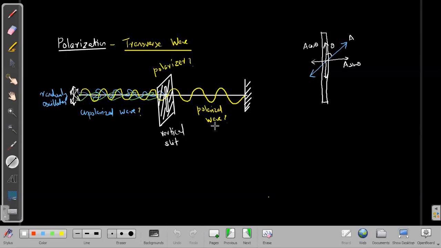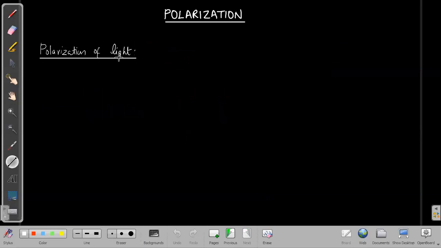So we have discussed this for a mechanical wave, that is, the wave which is produced in a string. Today I'm going to discuss the polarization of light. In order to discuss the polarization of light, first of all we should know what light is.